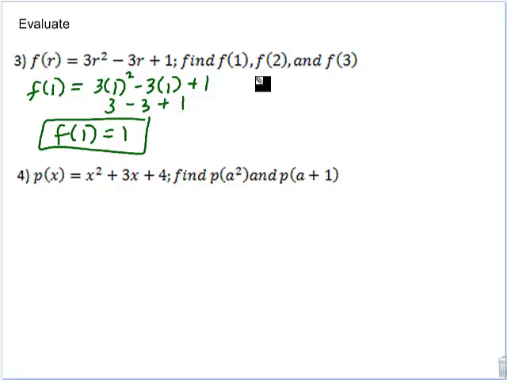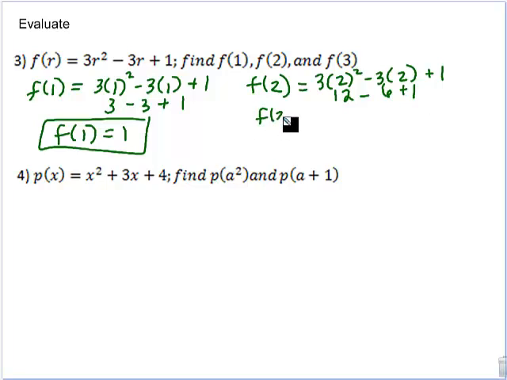Okay, we want to find f of 2, so we can do the same thing, f of 2. So instead of the r, what do I write down this time? 2. So f of 2, I have 3 times 2 squared minus 3 times 2 plus 1. 2 squared is 4, so 3 times 4 is 12, so this is 12 minus 6 plus 1. So f of 2 is 7.